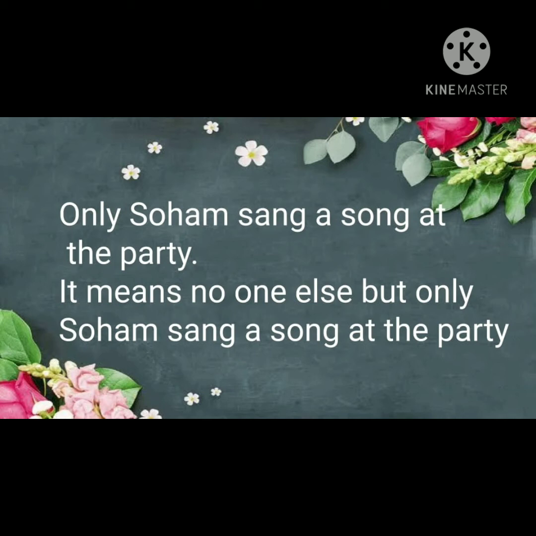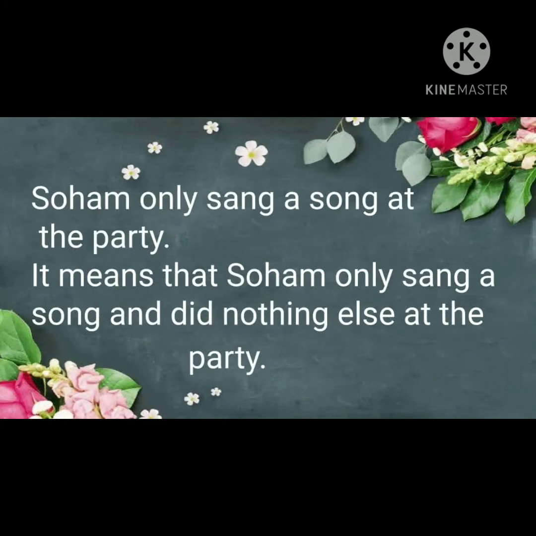Here, the word only is used before Soham. Only Soham. That means at the party, no one else sang a song. It was only and only Soham who sang the song. No one else sang the song.